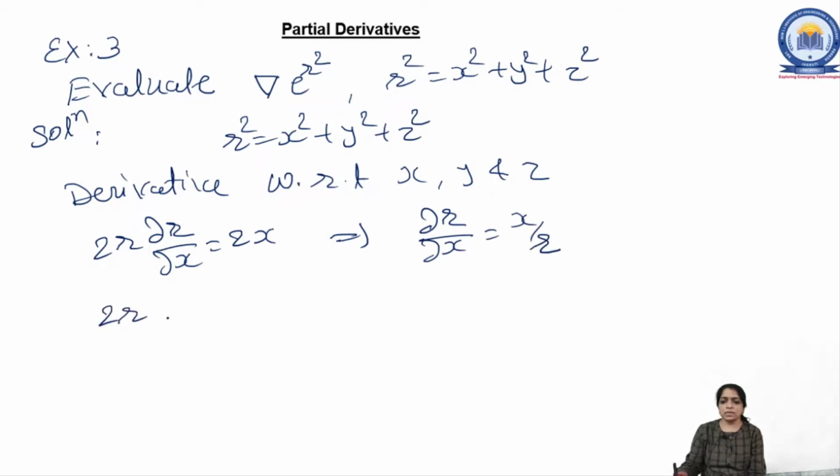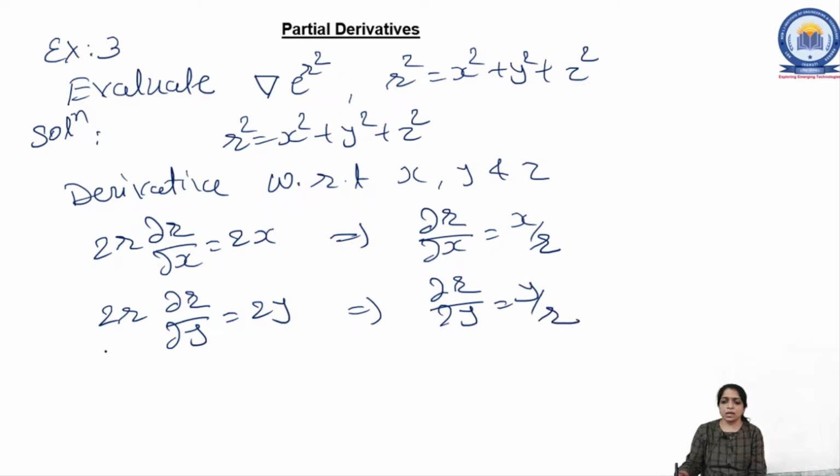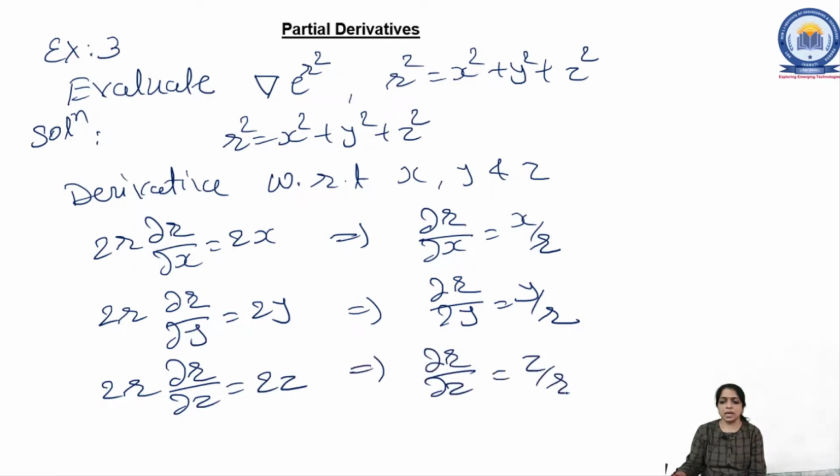With respect to y, that is 2r del r by del y, here 2y, which implies del r by del y is y by r. And similarly 2r del r by del z, that is 2z, so del r by del z is z by r.